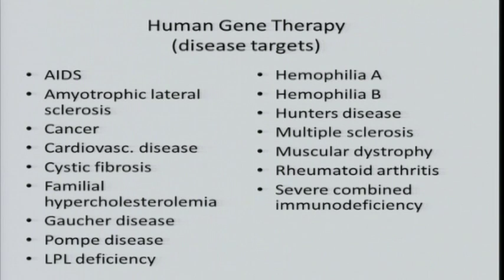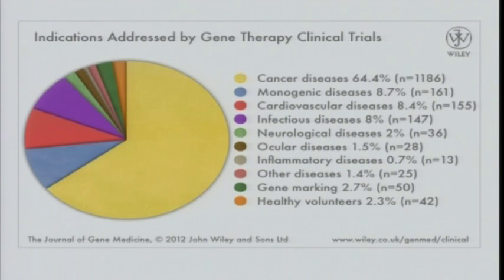So I'm going to close by talking to you about human gene therapy, because I know this is something that Dr. Phadke wanted me to speak about. There are many disease targets, ranging all the way from AIDS to our genetic disorders, and there are many different clinical trials.